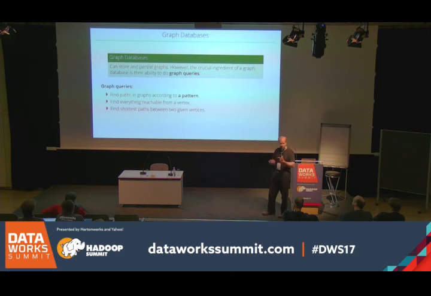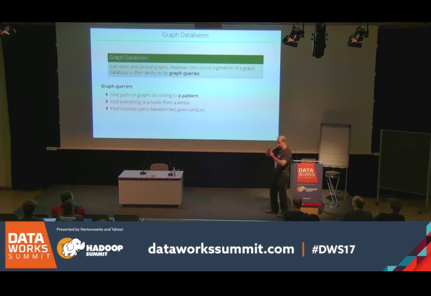So one pattern could be starting here and then 2 steps, or 2 to 7 steps, or a path starting here and then in the 3rd step the label on the edge is something, or something like that. Or you want to go out and start somewhere and explore the graph and find everything in the vicinity, maybe up to a certain depth or not.